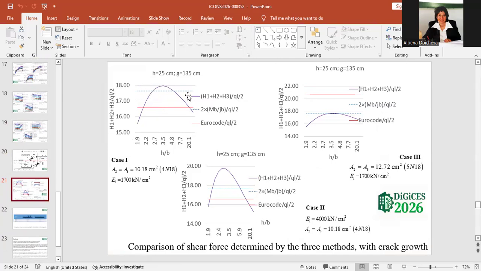Our shear force is given by the magenta line, and the information shows us that our shear force changes its magnitude when the crack between beam and column grows, and shear force is bigger than before the crack starts to grow. The bigger shear force we have when we use high strength concrete.